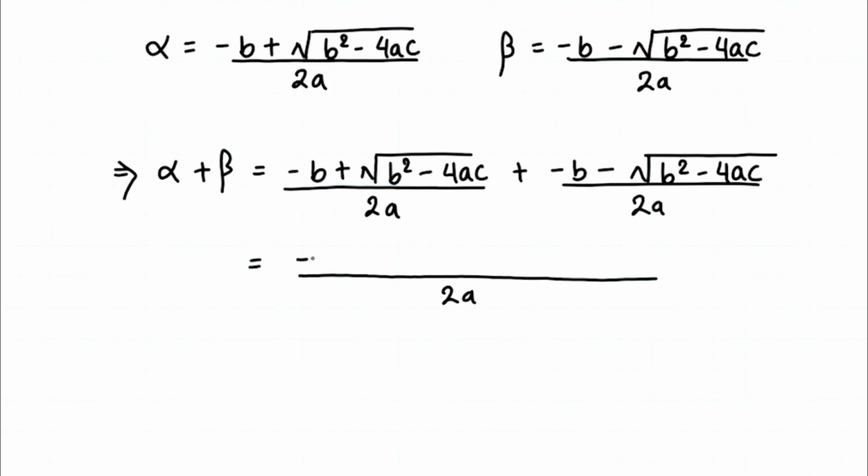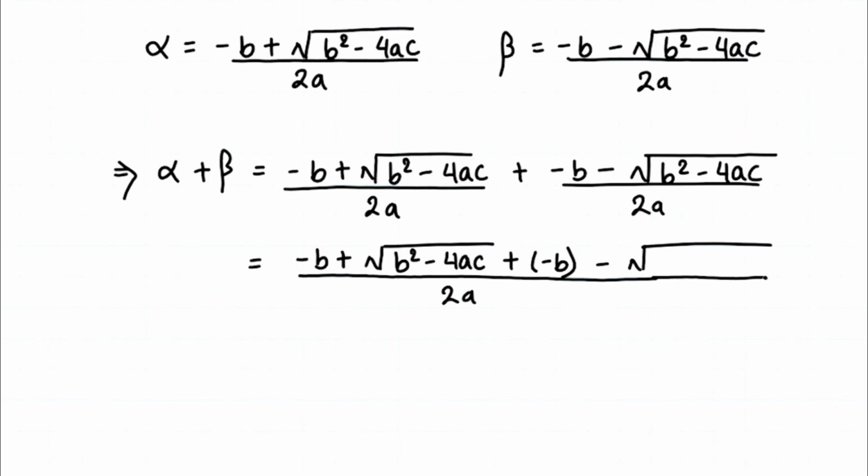And in the numerator, we have minus b plus square root b square minus 4ac, plus, again, we have our minus b and then minus square root b square minus 4ac.